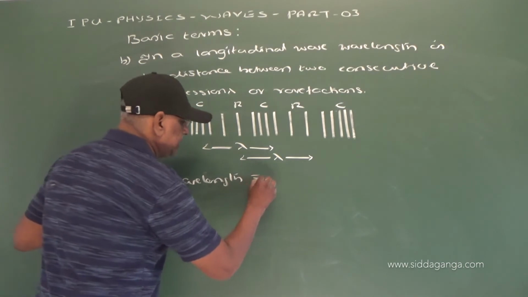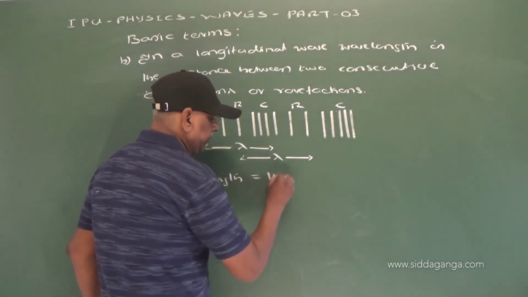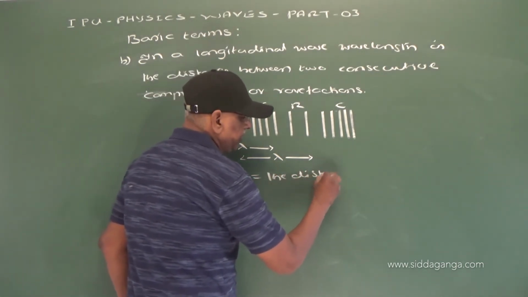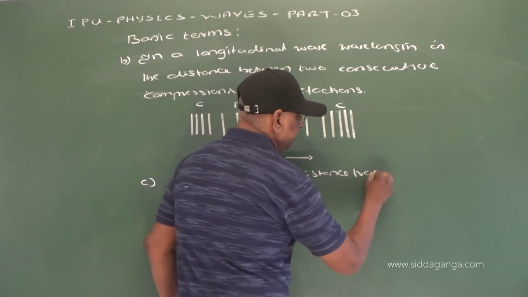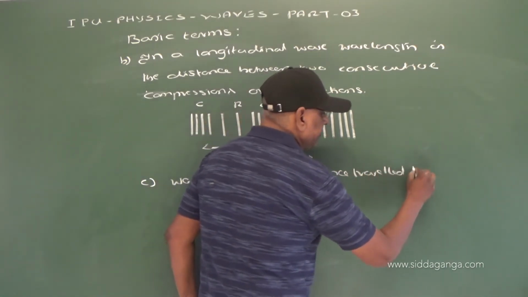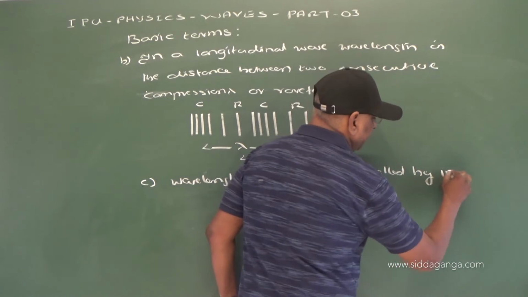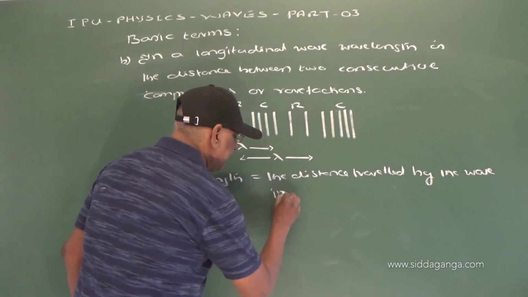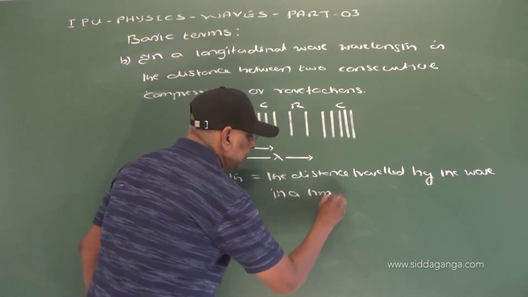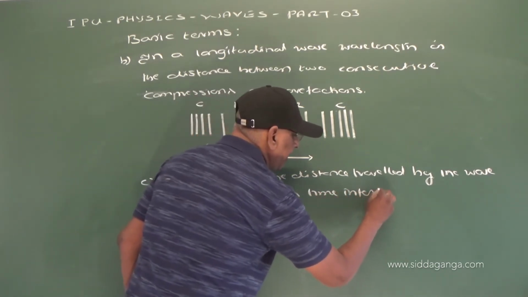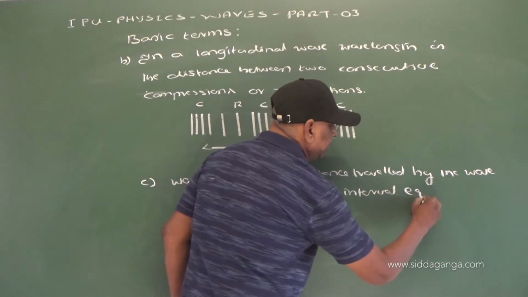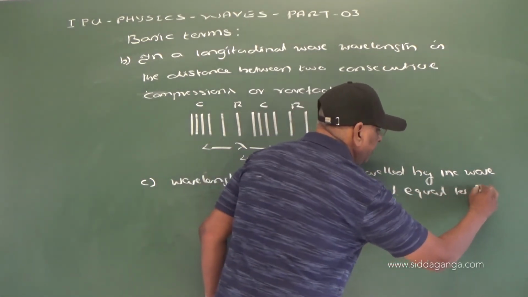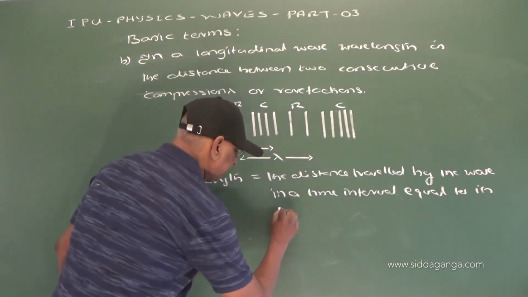Wavelength is equal to the distance traveled by the wave in a time interval equal to its period.